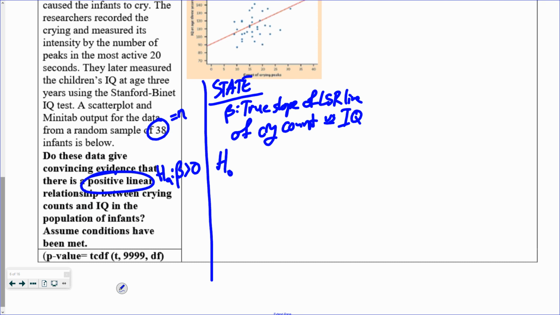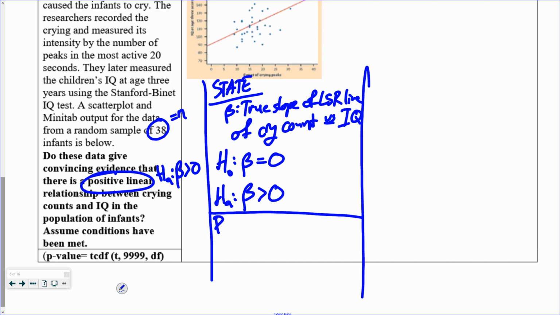And the H0, beta equals 0, that is, there is no association. The Ha, beta greater than 0, that is, there's a positive association. Okay. That's all you need. That's all you've got to have for your state step.